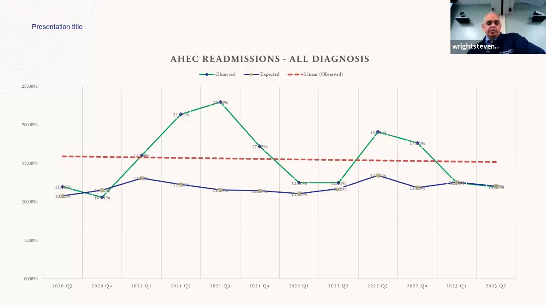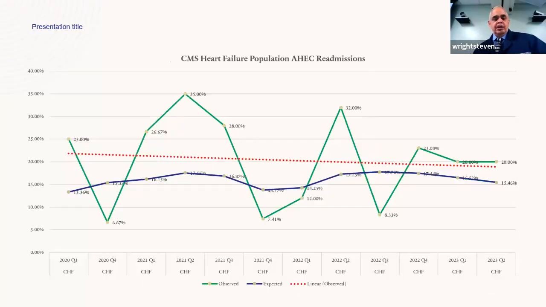The blue line is Premier data that's sorted by hospitals that are our size. And so this is the mean or the average. And then our performance is there in green for all admissions.